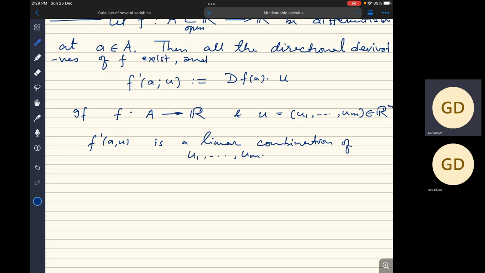And you know what that linear combination was? That linear combination was this.